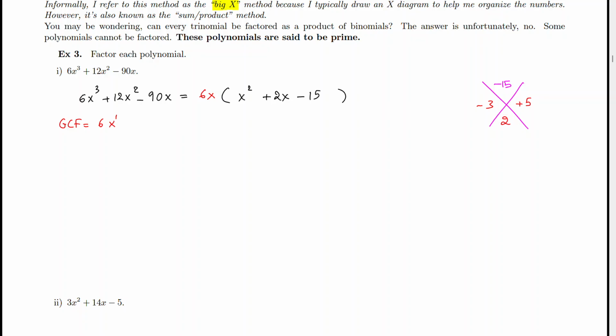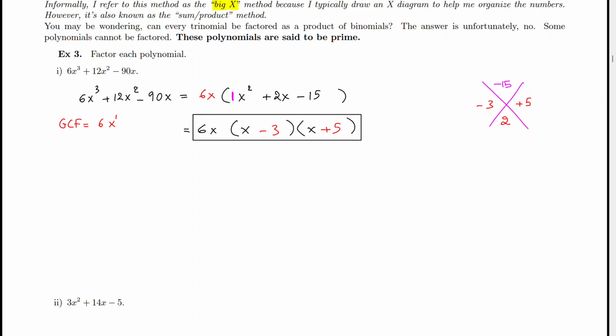So what I do next is basically write down the 6x, and since I had a leading coefficient of 1 in front of the x squared, we can simply factor the problem completely by writing x, which is the variable of the problem, and then copying the numbers that we just found in our diagram next to it.